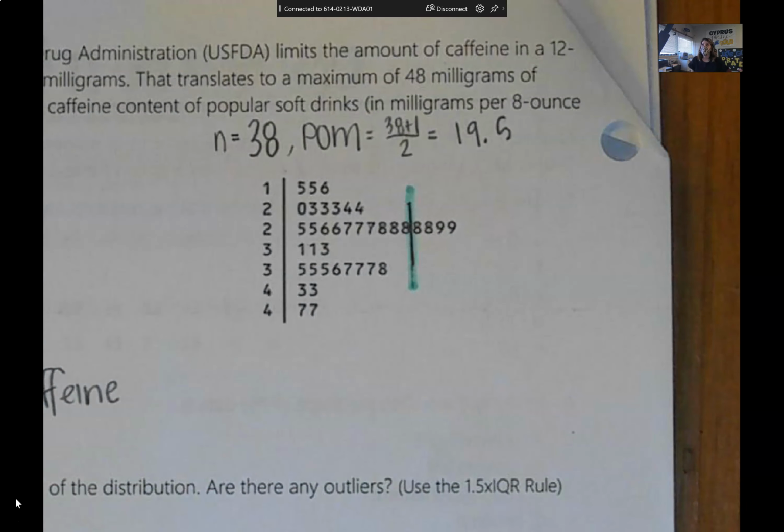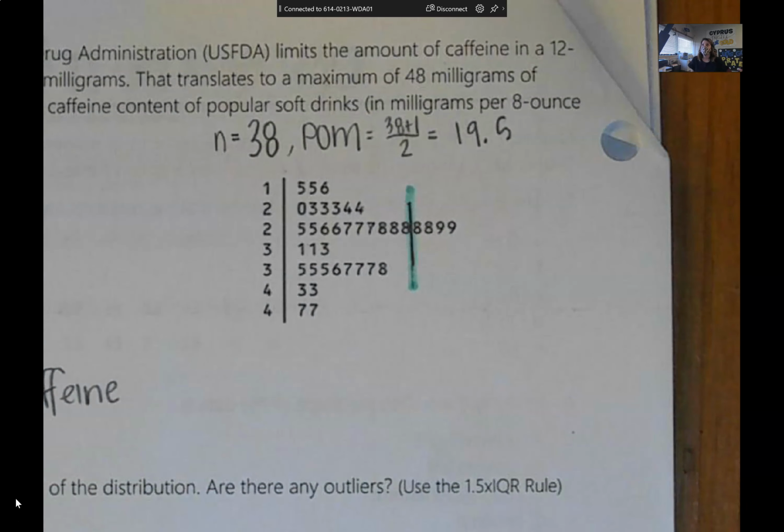That gives you 28, not 28.5. So this is the where, this is the what. It is at the position between 19 and 20, and it is equal to 28 milligrams.